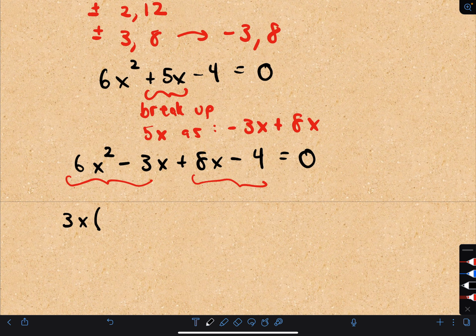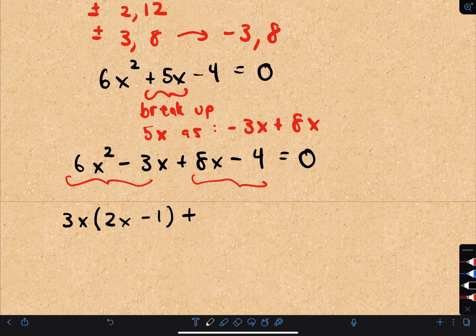In parentheses, I would need a 2x because 3x times 2x will give me my 6x squared. And then I would need just a negative 1 because 3x times negative 1 is going to give me my negative 3x. I'm going to do the same thing for the second set of parentheses. It looks like we've got an 8 and a negative 4.